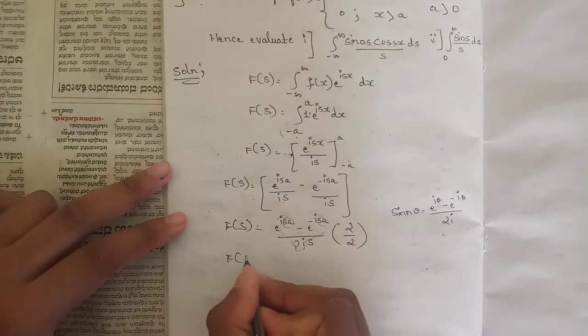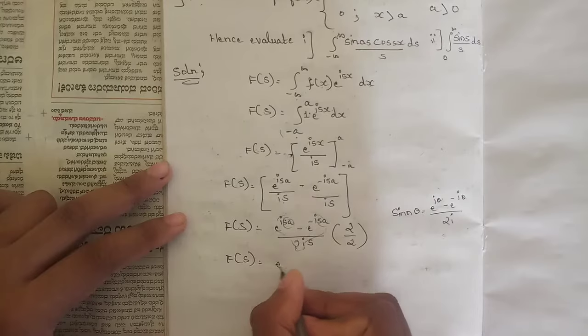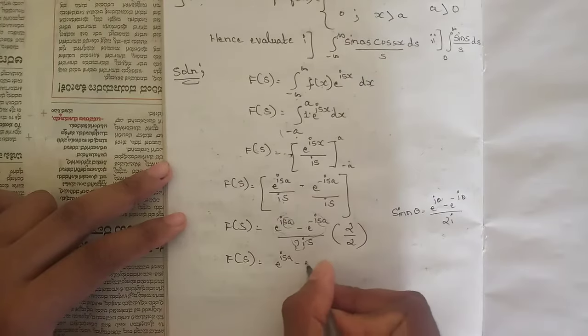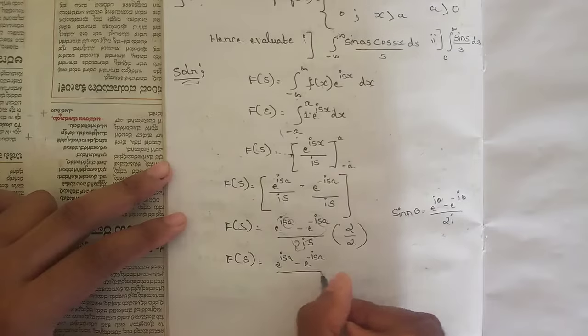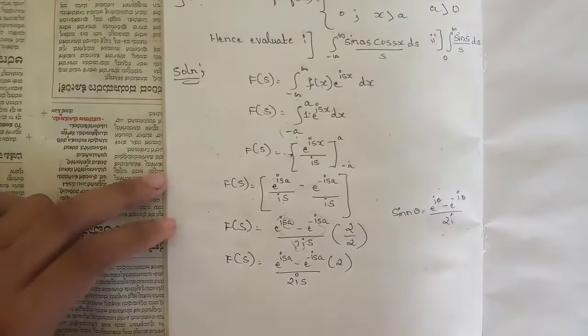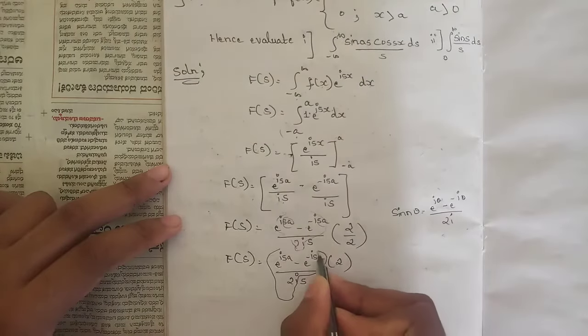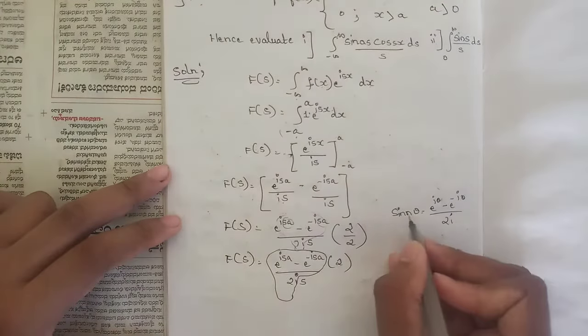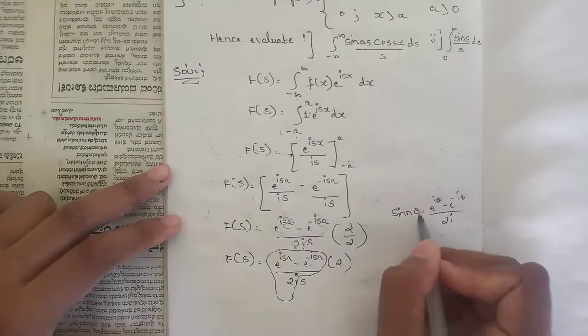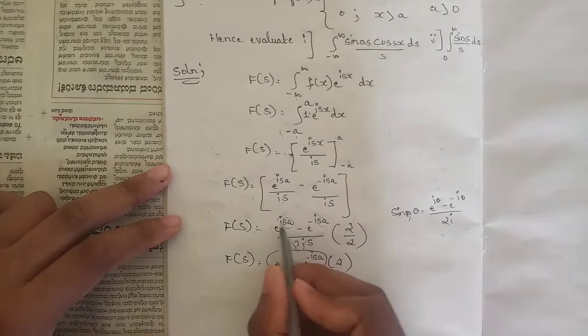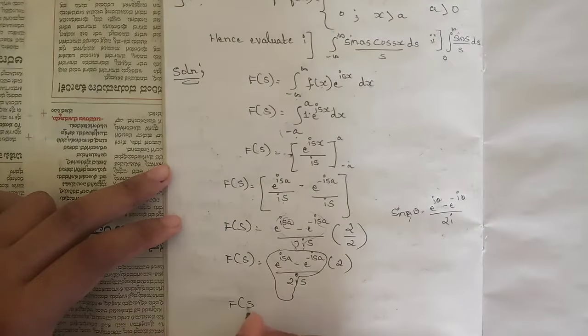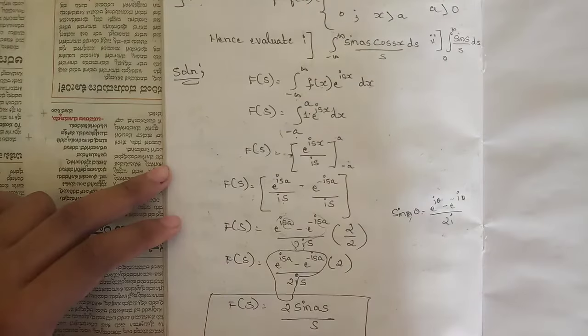The final answer will look like this: e power isa minus e power minus isa divided by 2is, into 2. Now this is of the form sin theta, where in place of theta there is a into s. So the final answer is f of s is equal to 2 sin as divided by s. This is your required f of s.